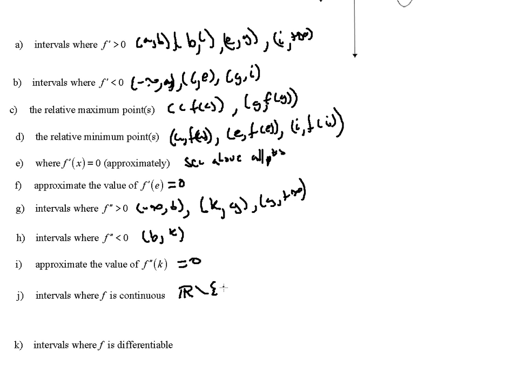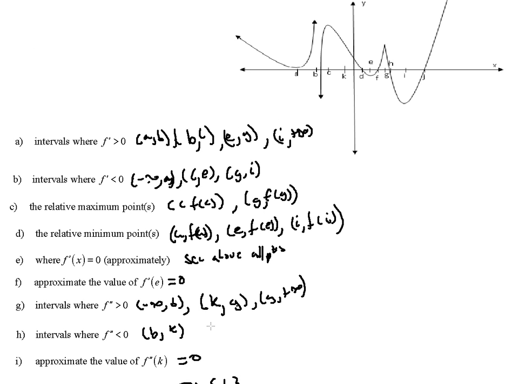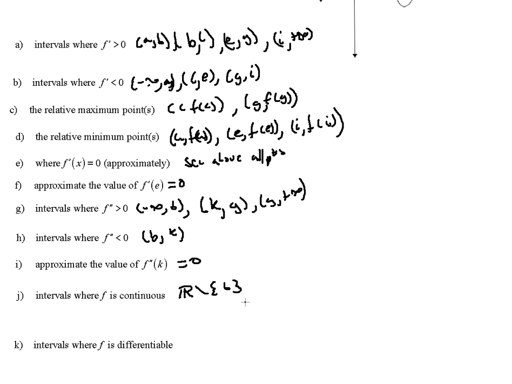It's differentiable where it's continuous and smooth, and it's not continuous at B, and it's not smooth at G. So I'm going to be cheap again and say all real numbers except B and G. That's that one, and that's looking at the graph of f and telling things about f prime, f double prime, and all kinds of little things, just trying to exercise your brain.